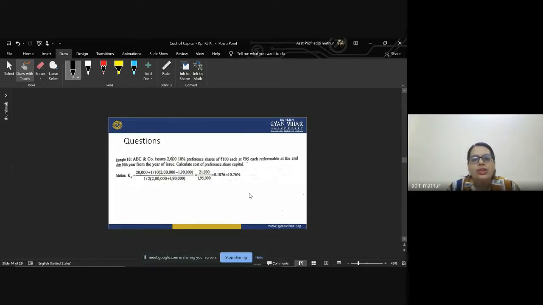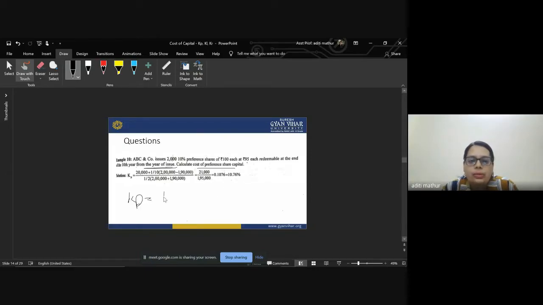ABC Company issues 2,000 10% preference shares of 100 each at 95 rupees, each redeemable at the end of the 10th year from the year of issue. Calculate KP. So let us first write the formula.